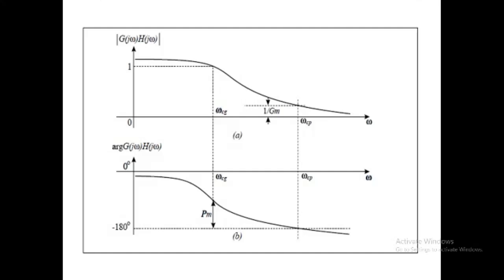See this diagram. From the magnitude and phase of the open loop frequency transfer function, one is able to read directly the phase and gain stability margin and the corresponding phase and gain crossover frequency.